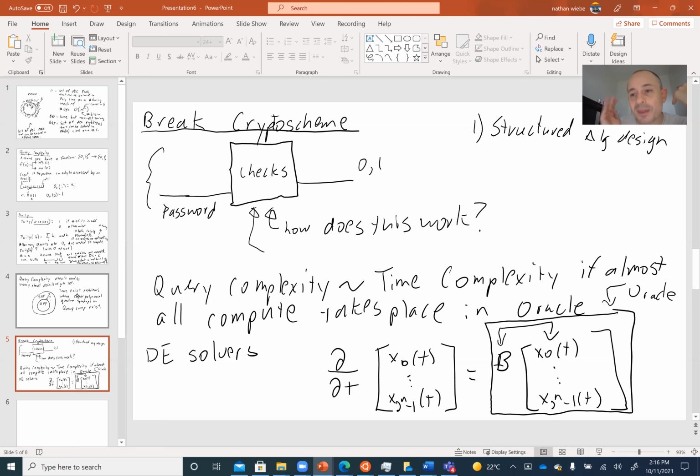We can do that immediately if we design our algorithms around oracles. But if we didn't, then we might have to hand code it every single time for a different operator. So this is one of the reasons why it's really nice to work with oracles if you can help it. And the second is, of course, that time complexity is often comparable to the query complexity.